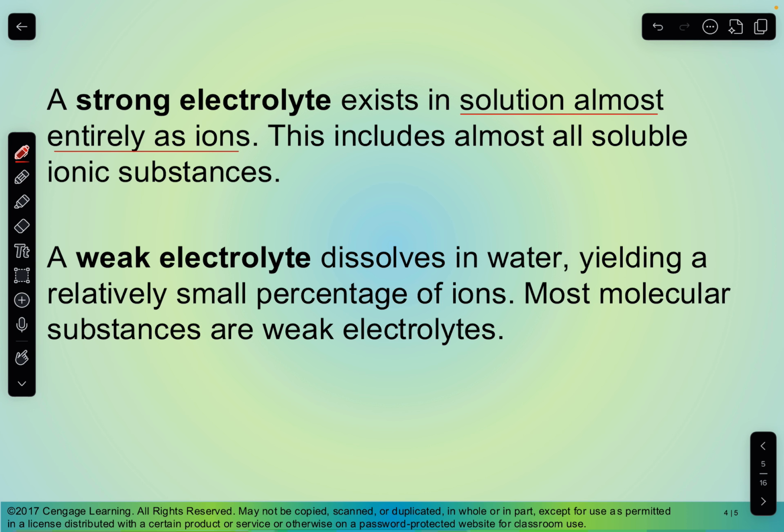When we say almost entirely as ions, this is because all of the reactions that we will ever study are going to be reversible to some degree, which means that if you have NaCl going to Na+ and Cl-, this is also going to ever so slightly go back that direction where you are going to remake NaCl, but it's going to be such a small amount that it's basically unimportant, and so we can say that it is going to be entirely as ions, or at least mostly as ions.